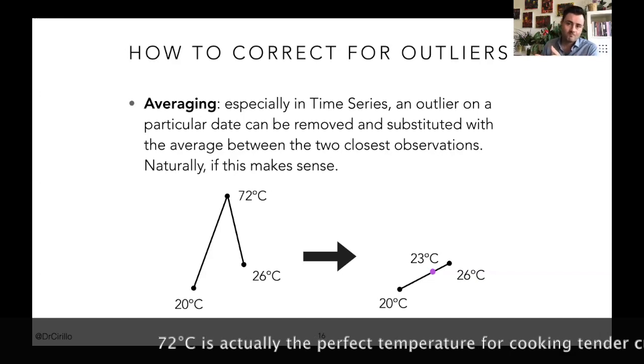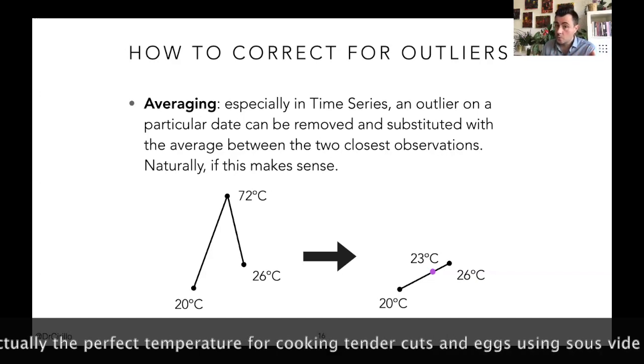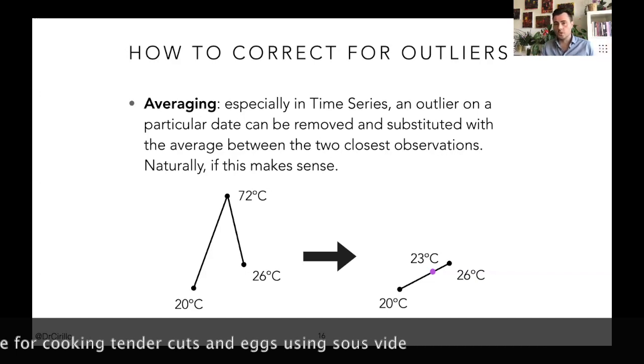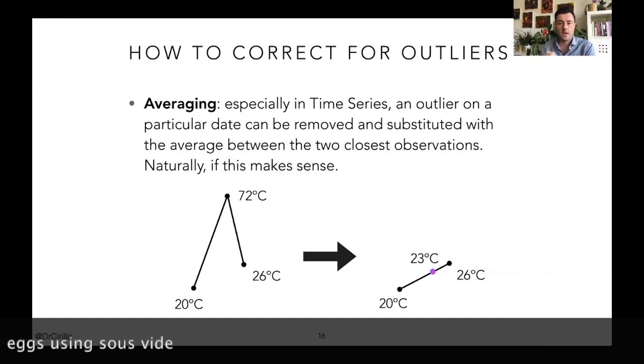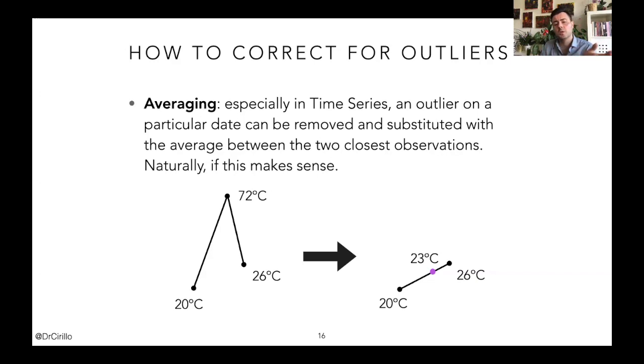But in nature, this is something that we do not observe if we are looking at the temperature in a specific geographical area. So what we can do, we can safely remove this observation, 72, and if there is no other measurement or it is not possible to obtain an alternative measurement, and we don't want to leave an empty cell in our time series, sometimes we can do that, and we can still play with a time series with some missing values.